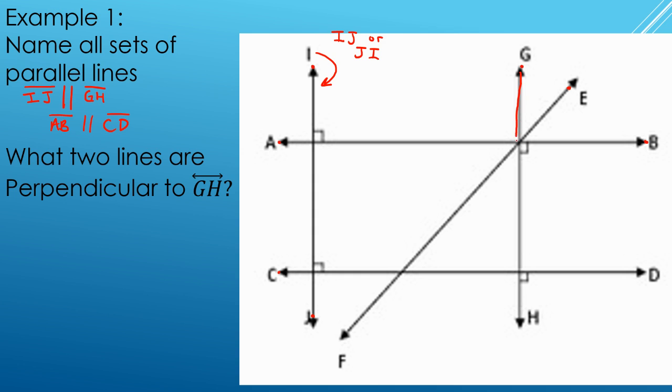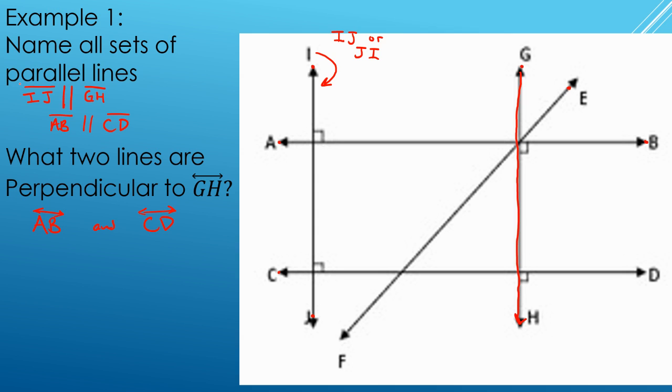That's this one on the right side going vertically. Can you see 2 lines that are perpendicular to GH? AB. And there's one more. CD.